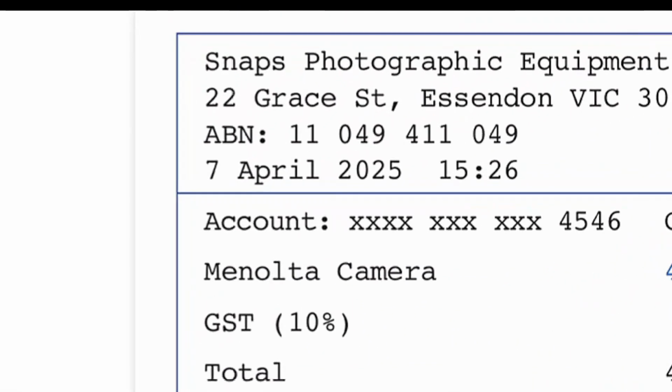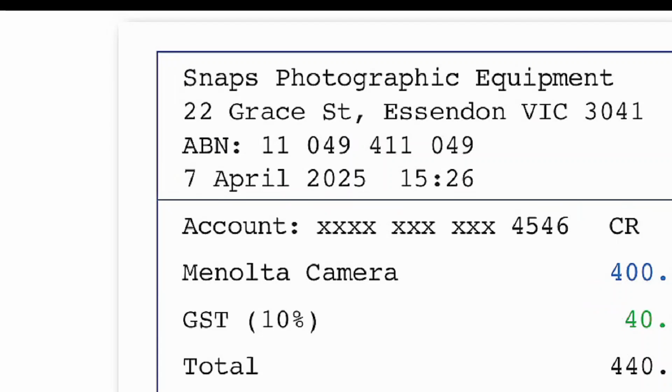So what is this source document? Is it a receipt? Which receipt? EFT? Sure? No. What is it? Credit note?